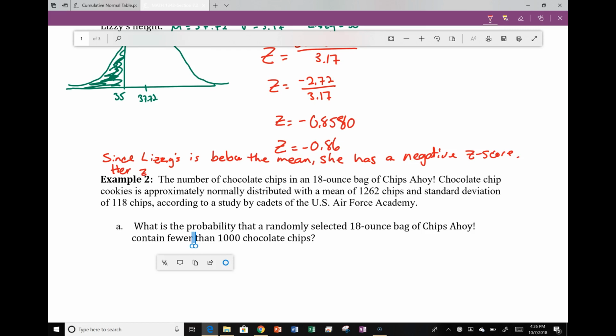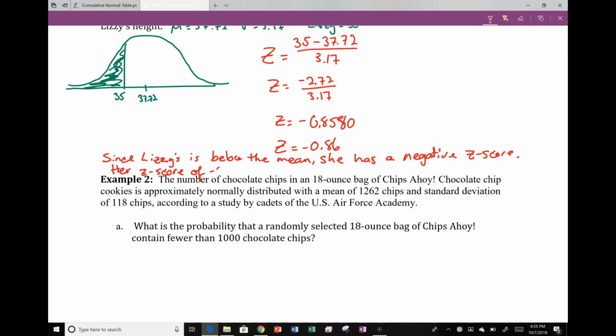Her z-score of negative 0.86 indicates she is 0.86 standard deviations below the mean.